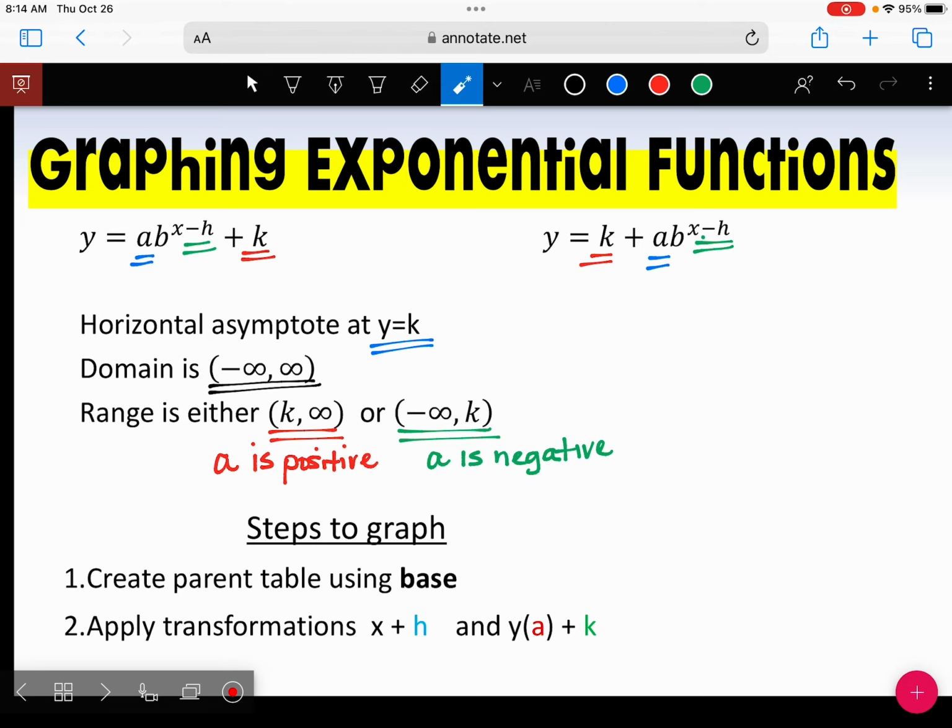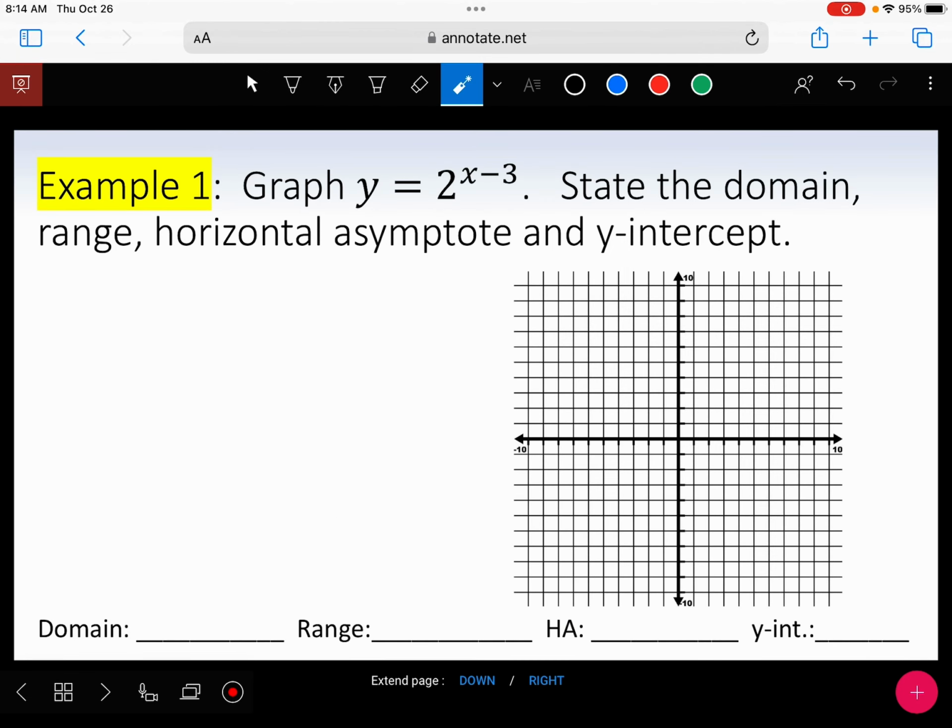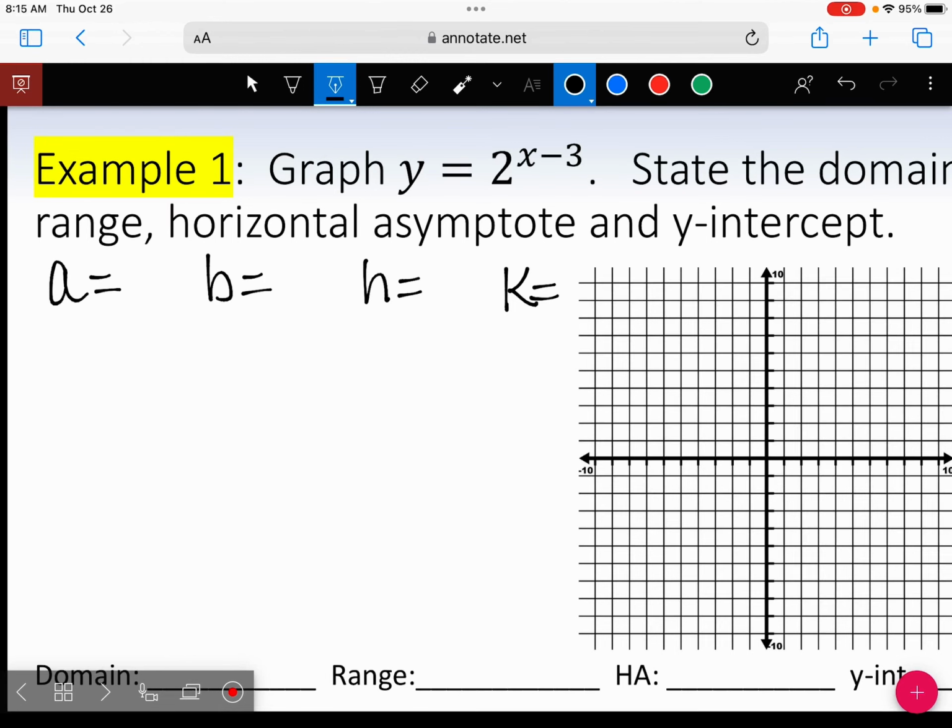We're going to do 4 examples together. So let's look at example 1. I like to start by stating A, H, and K. So in this example, I'm going to do A, B, H, and K actually. Your A value is the number in front of the base.